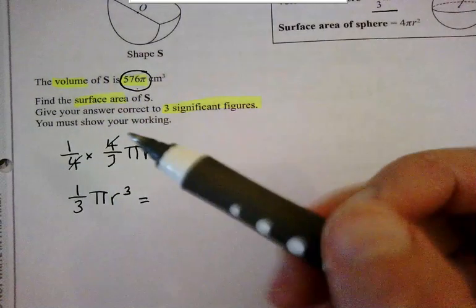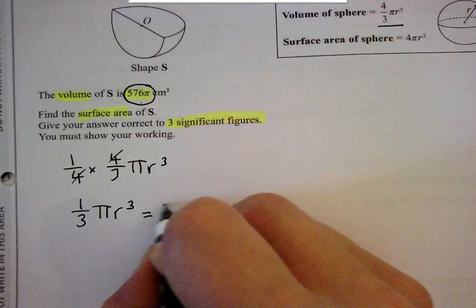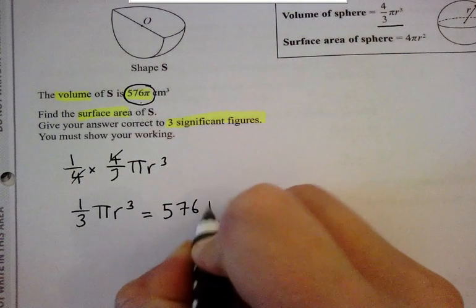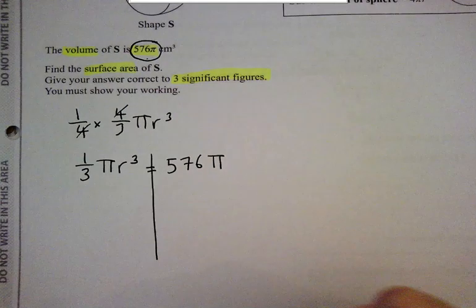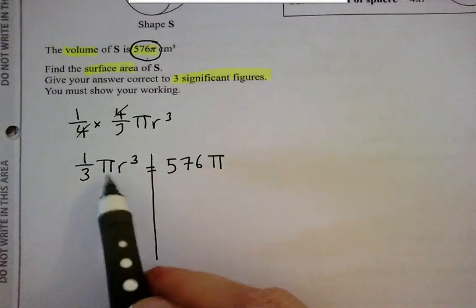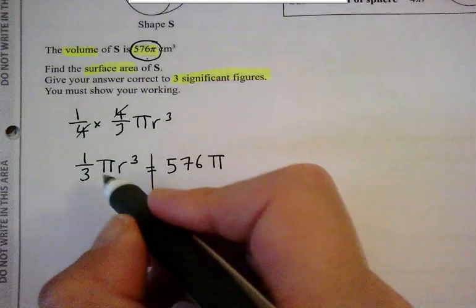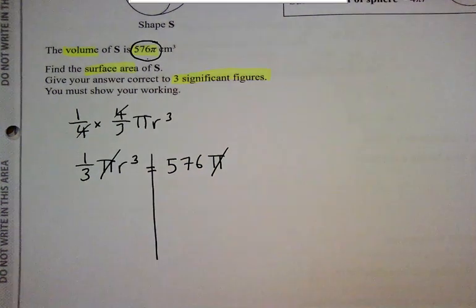This is also the volume of this 1/4 of a sphere, 576 pi. I'm going to see if I can solve this to find r. The first thing I notice is they're both multiples of pi, so I can actually cancel a pi on both sides just to neaten it up.